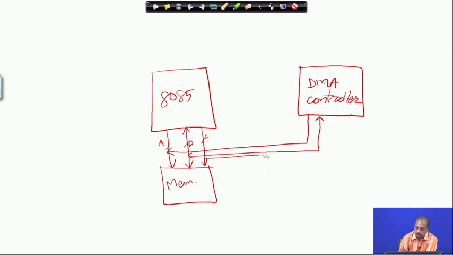This address, data and control lines can also be driven by the DMA controller, and it has two extra pins. One is to give the hold signal to the microprocessor. So, this is the hold line, and in turn this microprocessor will respond with the hold acknowledge.